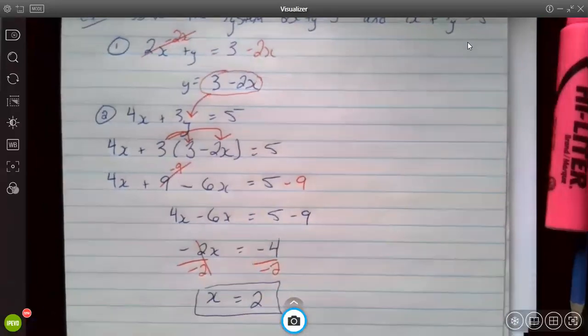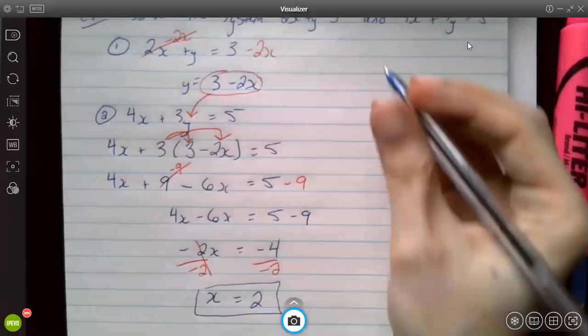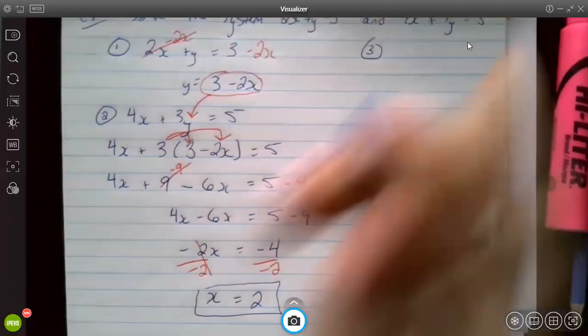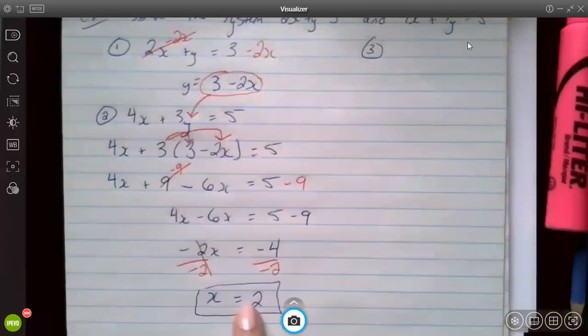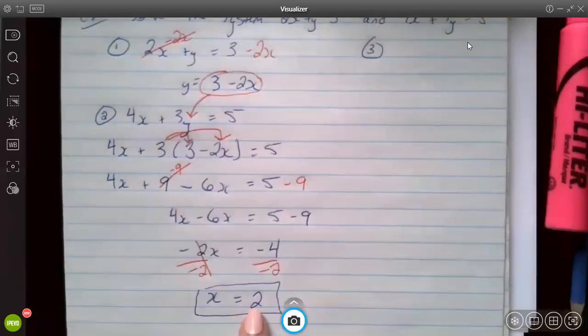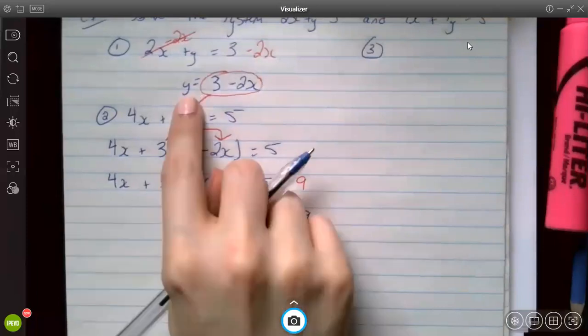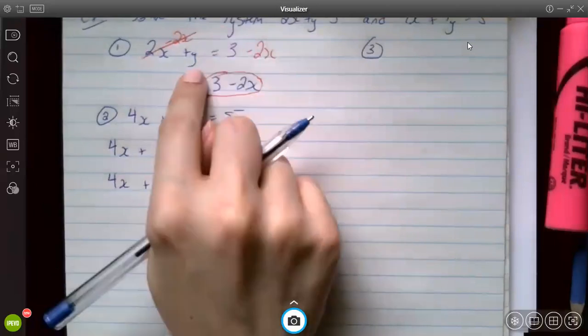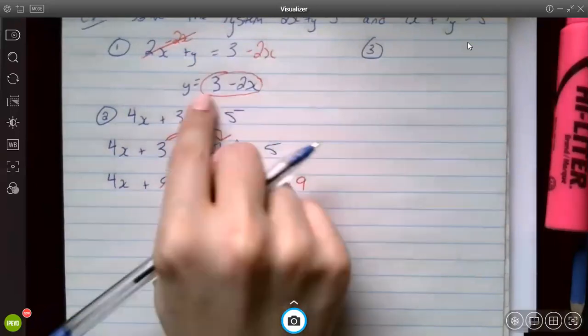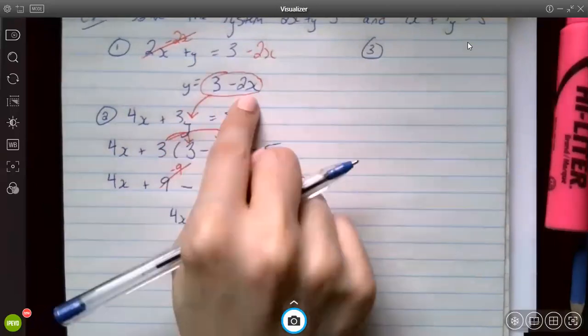Our third step is to then go back to the first equation. I'm going to plug in my x value and solve for y. Now I could go back to the very original first equation, but it will actually be easier to use the rearranged version of the first equation.